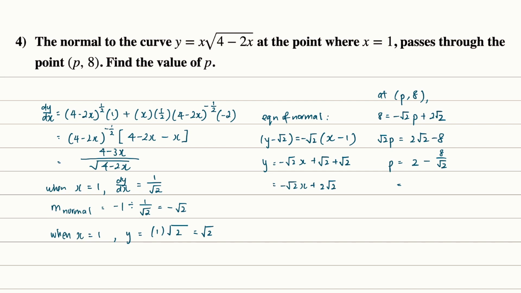By rationalizing the second term, we will have 2 minus 8 square root 2 over 2. This is because we have multiplied square root 2 on the numerator and the denominator. And we will then have 2 minus 4 square root 2, which is equals to 2, open a bracket, 1 minus 2 square root 2. So there you have it. This is the value of p.